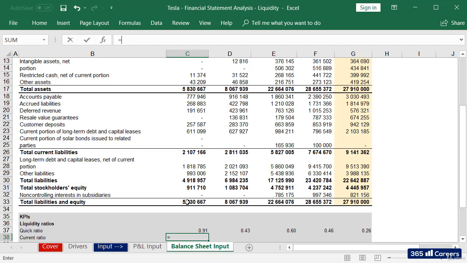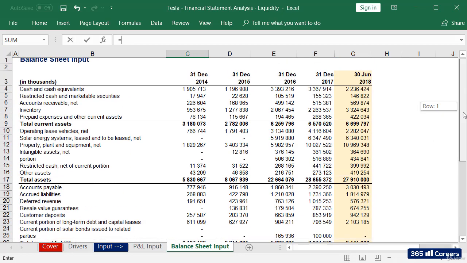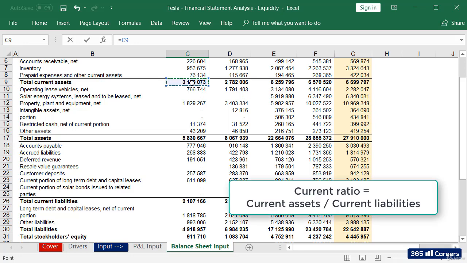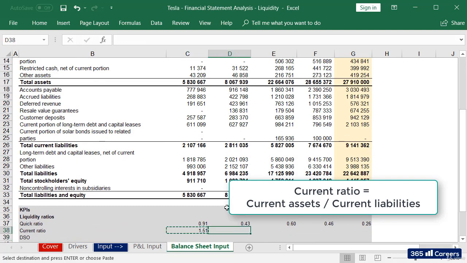Next on our list, current ratio, which is very similar to the quick ratio, but is a bit more comprehensive. It includes all current assets. The current ratio is the fraction between current assets and current liabilities.